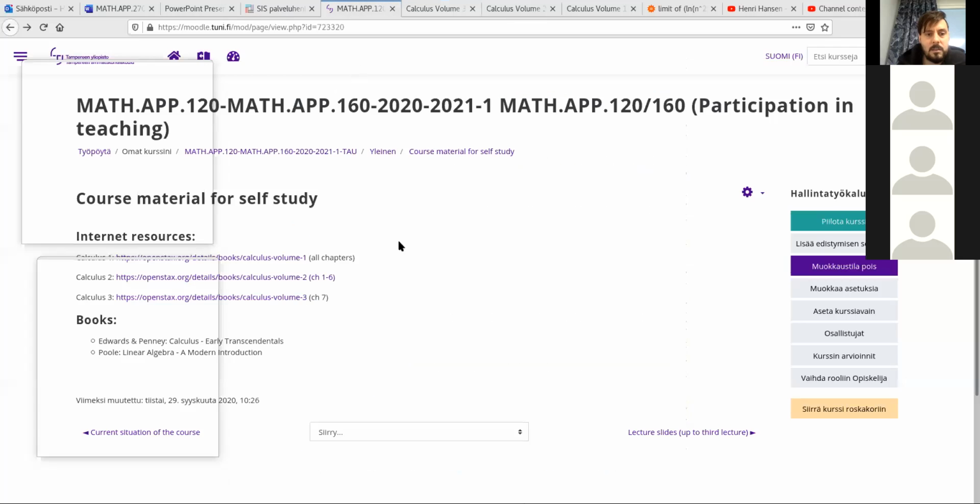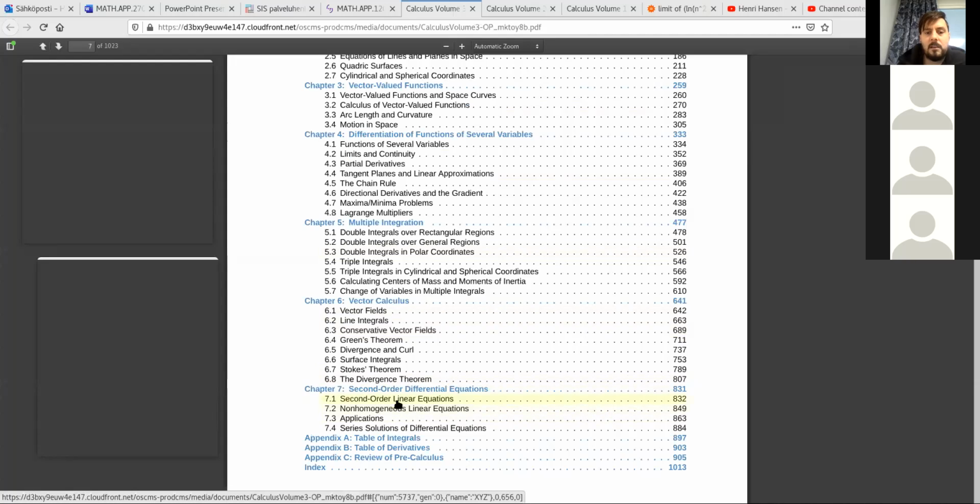I wonder if it says here, only chapter 7, yeah, it says that. Chapter 7, second order linear differential equations, the non-homogeneous version and homogeneous version, and then basically a tutorial on how to solve those. We didn't go through these series solutions. We talked about the applications a little bit. You should be aware of them.